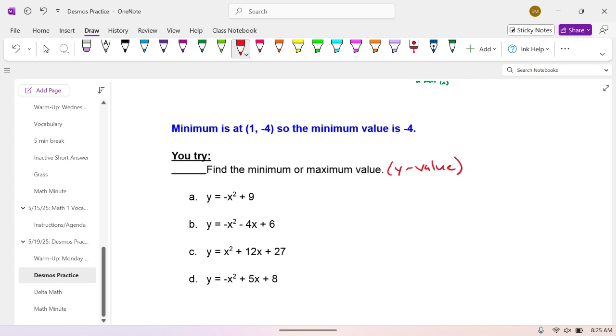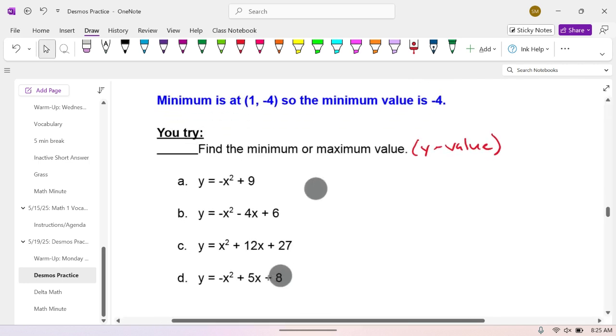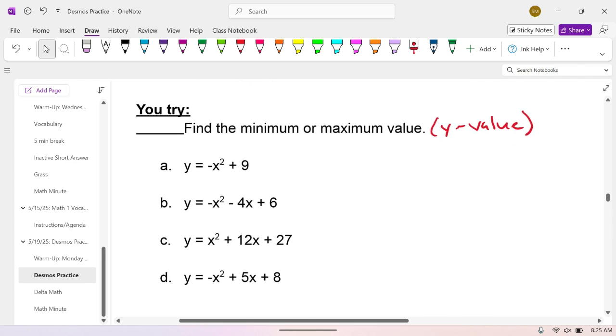Now, guys, before we even do that, just as review, how do we know without even graphing it whether it's going to have a max or a min? What part of the x squared makes it? So a quadratic graph is always going to have an x squared. But what part of that tells me if it's a max or a min?